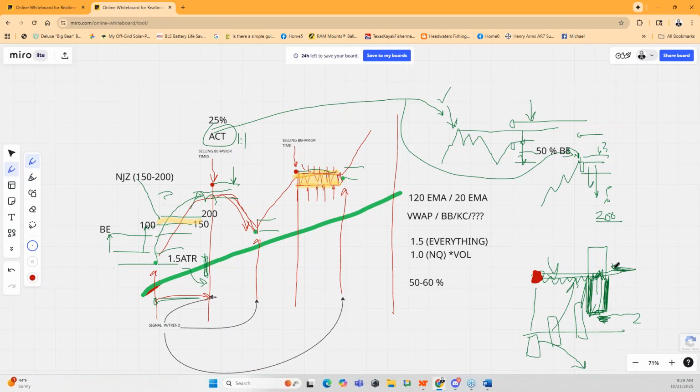Here's where I'm willing to enter. And then I will look for a 100% return on my investment, the same way I look at an aggressive counter trend trade. So if I move halfway to my target, I can go to break even. And now I'm going to exit at 100% of that reward.